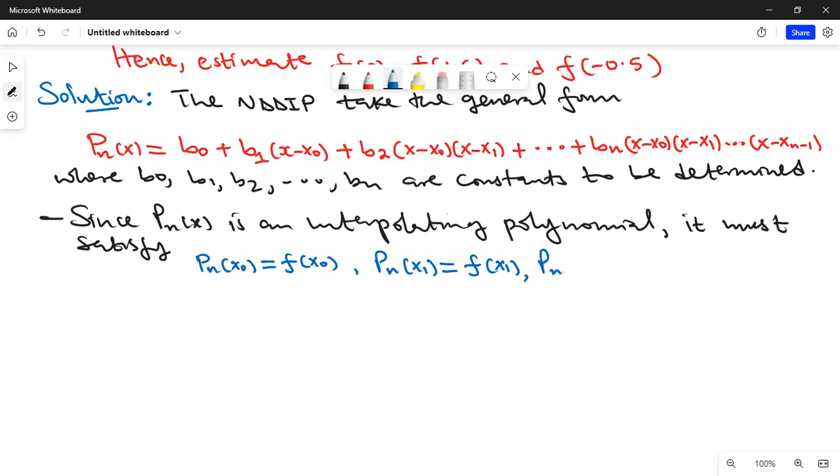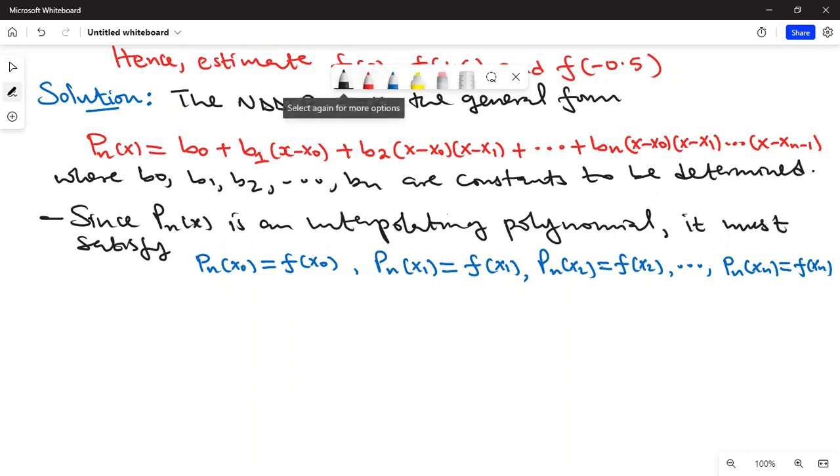Pn of x2 must be equal to f of x2, etc. up to Pn of xn must be equal to f of xn. Now we need to determine the values of the constants b0, b1, b2, all the way up to bn.